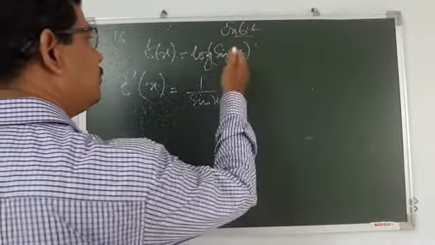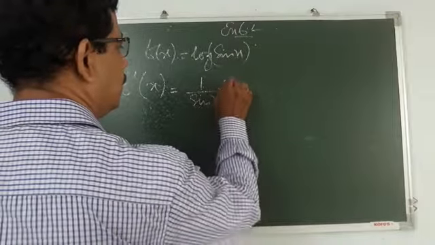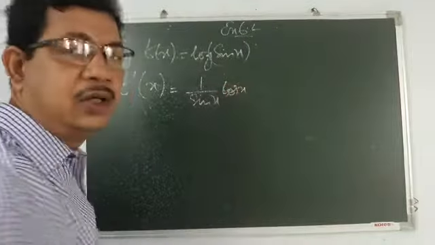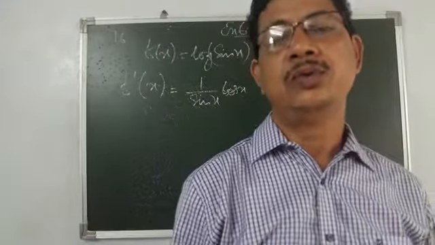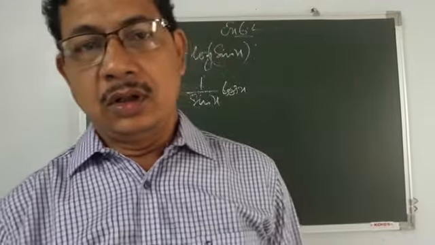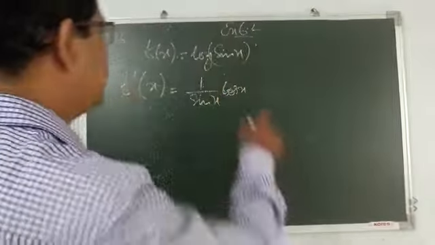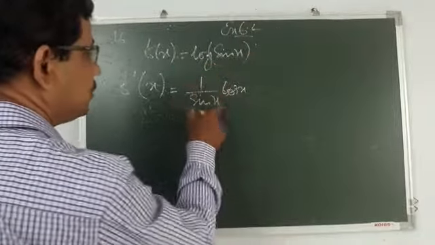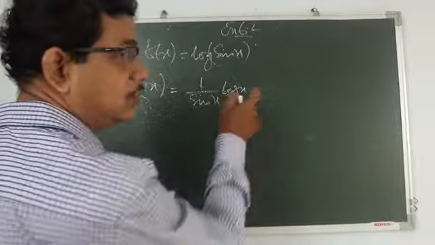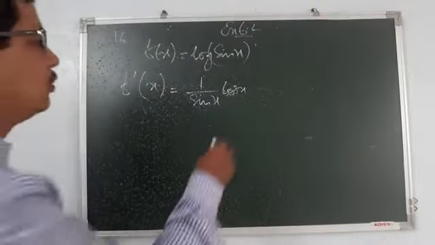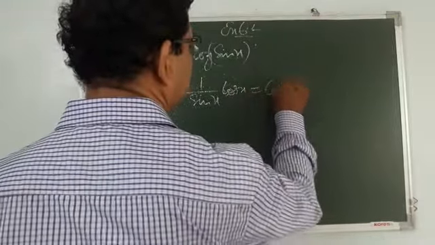Then differentiation of sin x again we have to do, and it is cos x. It is the chain rule that we have to use. So we get cot x.